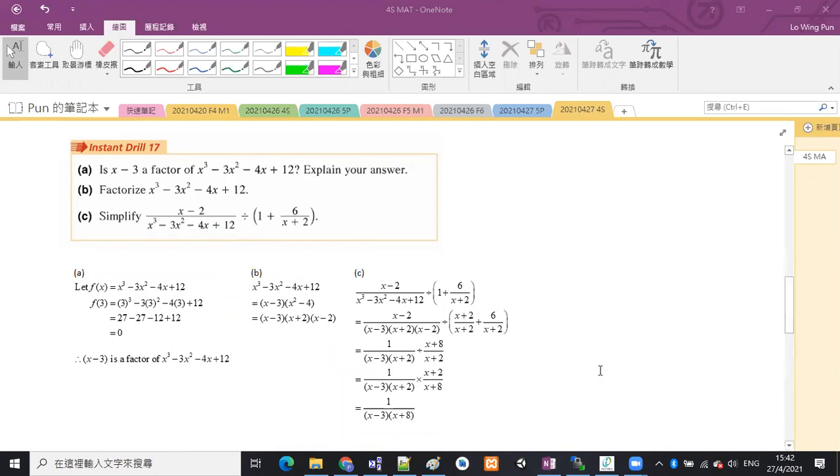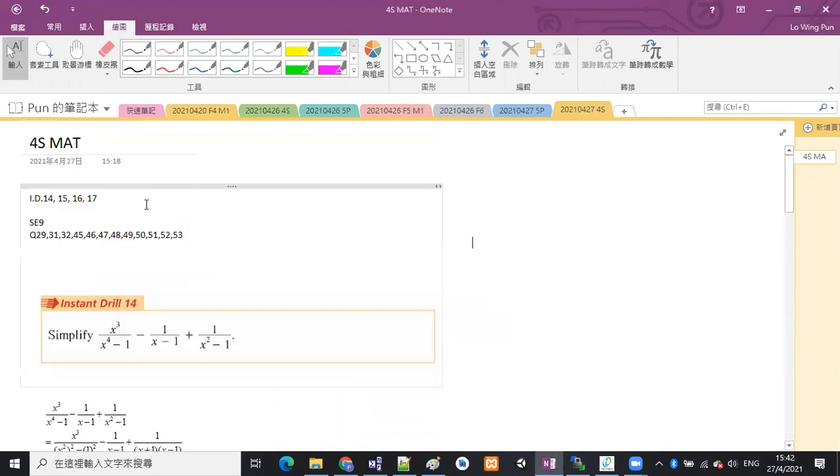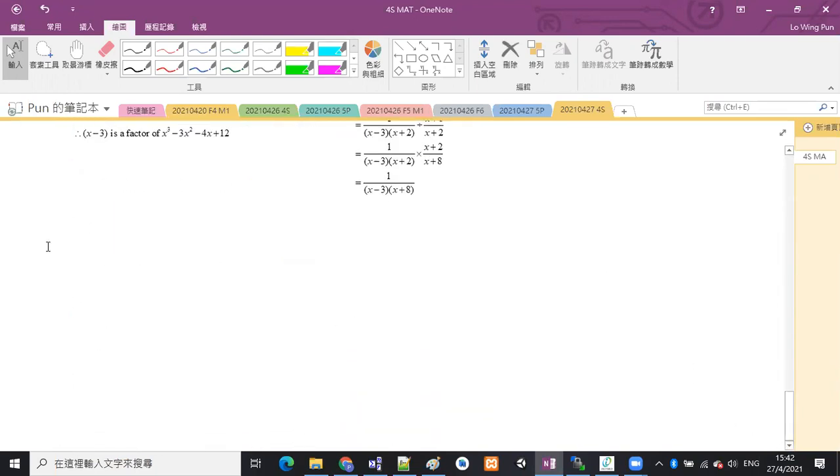So I would like you to do the following questions. This one. Let me paste it here. Some of them will be quite difficult. I will give you a little time to do them first. Later I will try to go through the HCF and LCM questions, that is 29, 31 and 32. The rest will be left for tomorrow. So let me give you 7 minutes. It is 15:43 now.